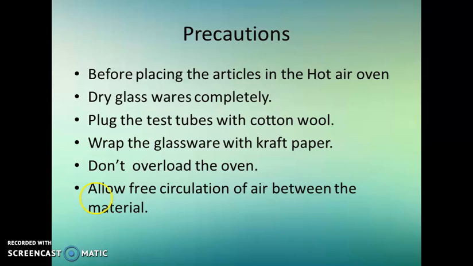The test tubes we are keeping should be plugged with cotton wool, and also wrap the glasswares with craft paper. And also don't overload the oven because it will cause difficulty in ensuring uniform distribution of heat. Allow free circulation of air between the materials, so it helps in complete sterilization.